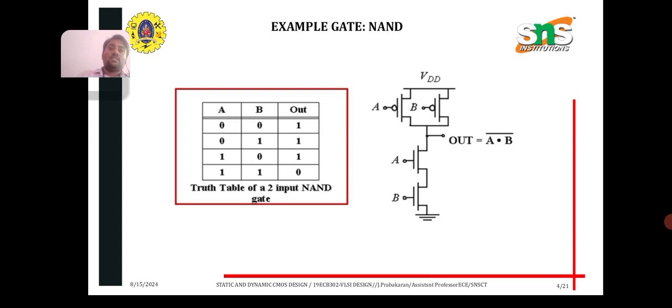And the two NMOS transistors are connected in series. The drain of the NMOS transistor is connected to the output Y. The source of the NMOS transistor is connected to ground, and the gates of the NMOS transistors are connected to A and B, which are the inputs.